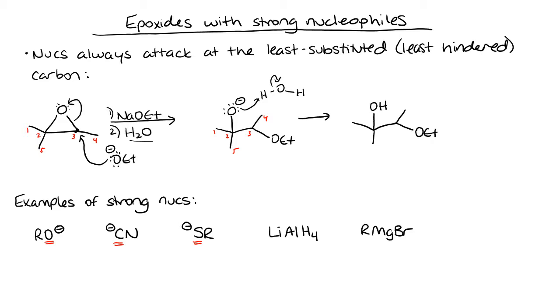So sulfur with a negative charge is a strong nuke. Lithium aluminum hydride, which we saw in the alcohols chapter, this allows hydrogen to act as a strong nucleophile, so we can actually add hydrogen to the molecule. And lastly, Grignard reagents. Grignard reagents allow us to add R groups to an epoxide. This is very useful as a carbon-carbon bond forming reaction.